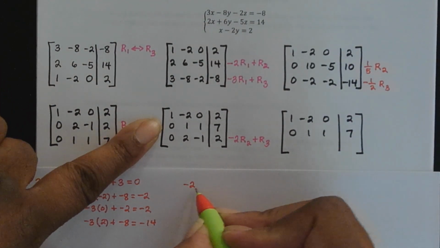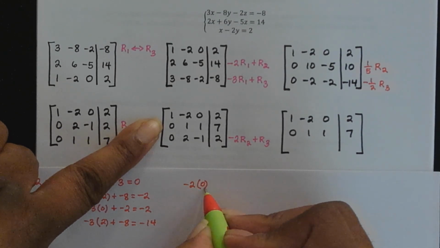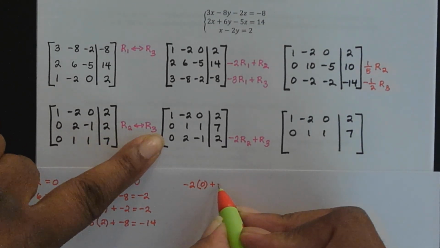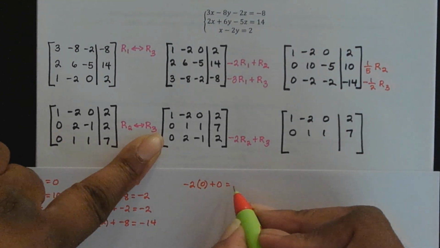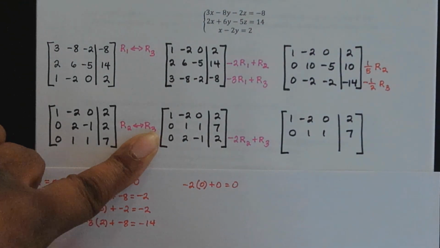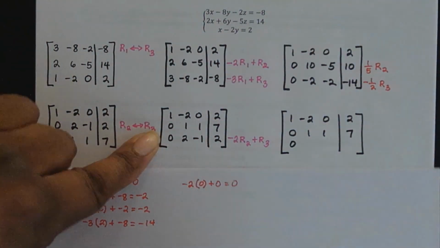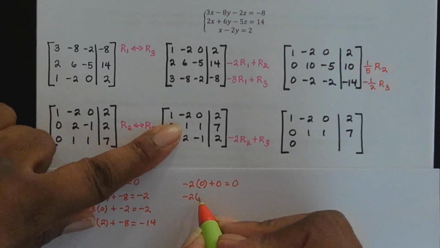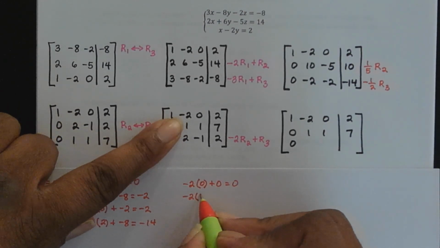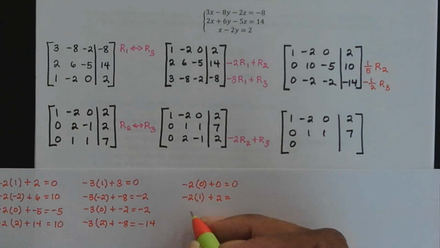So I'm multiplying negative 2 times each element in row 2, so it'll be negative 2 times 0, plus its corresponding element, which is 0. Well, negative 2 times 0 is 0, plus 0 is 0. So that 0 goes here. And then negative 2 times this element, which is 1, plus its corresponding element, which is 2.